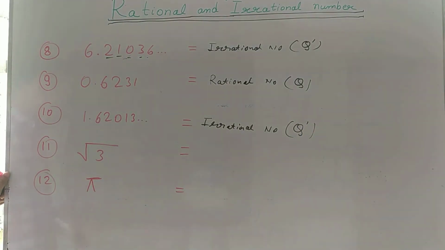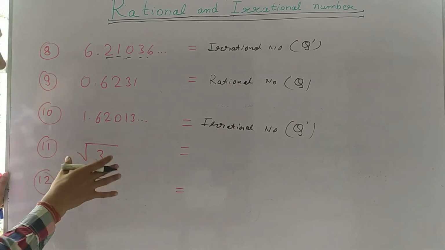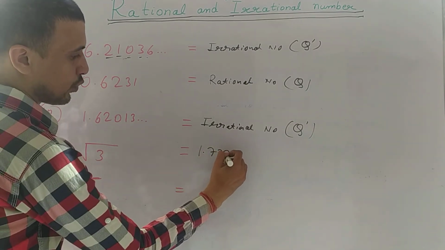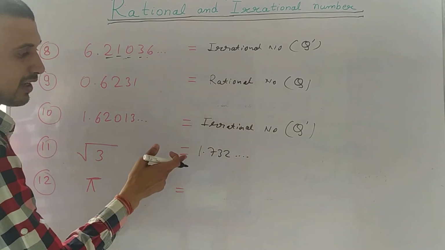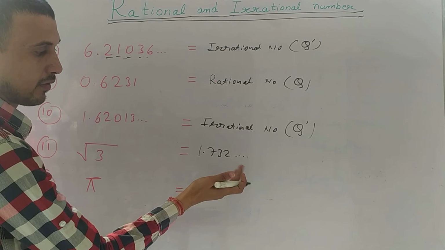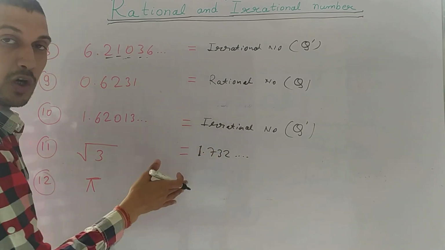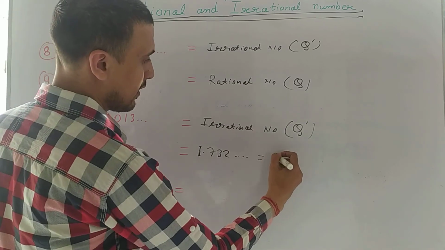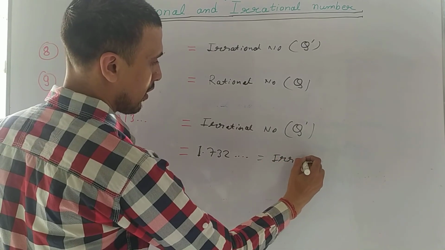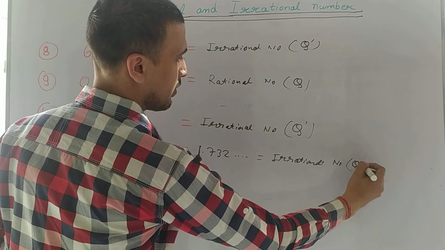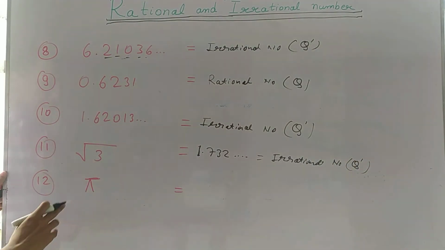Under root 3. Do you know the value of under root 3? When you find the value of under root 3, you will get 1.732 and so on. You can see it is non-terminating and there is no pattern, right? So non-terminating and non-repeating means this is an irrational number. Fine.